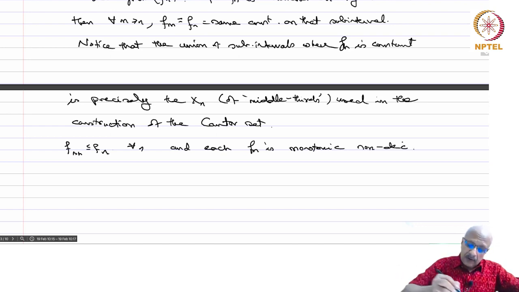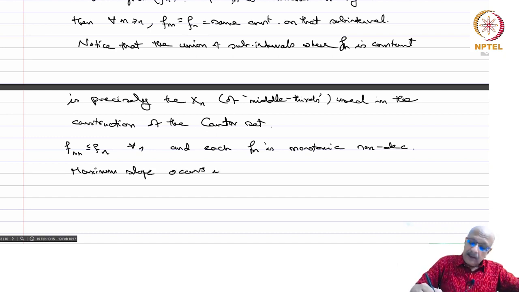So the sequence is decreasing pointwise, but each function is an increasing function. Now the maximum slope occurs in the last subinterval.